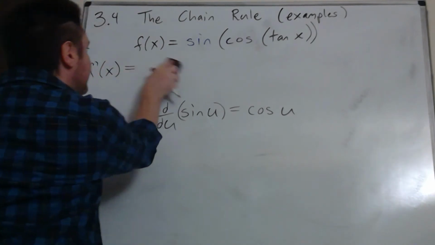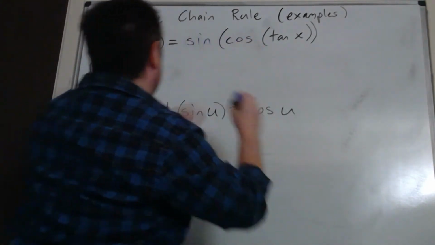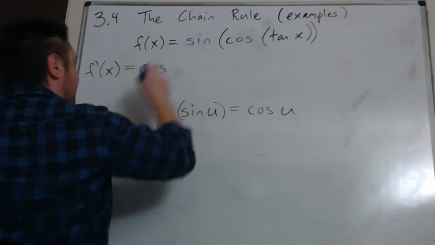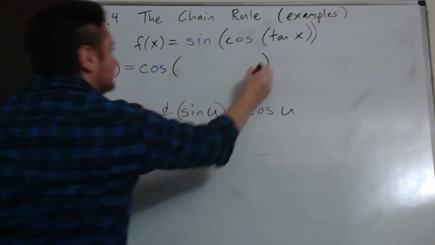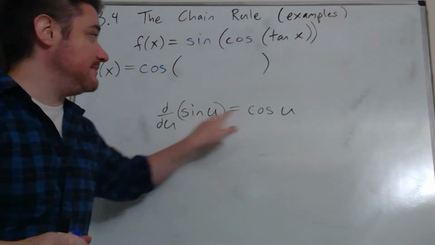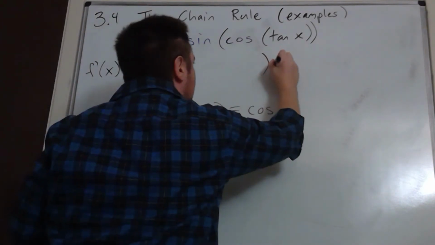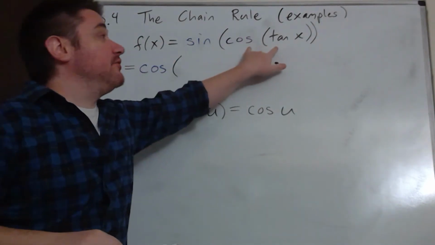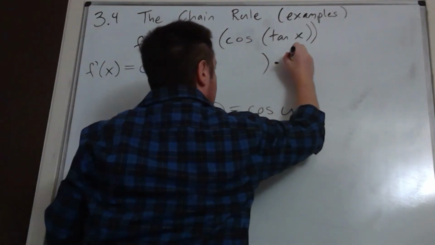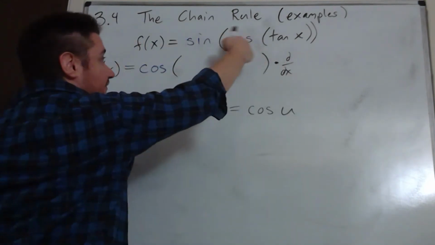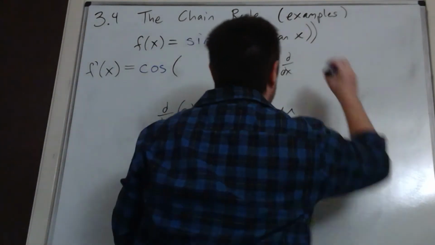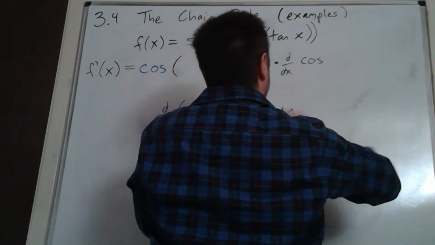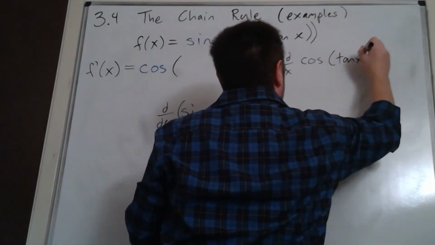Okay, so the derivative of sine of something is cosine of something. Then we've got to multiply that by, though, the derivative of the rest of that piece with respect to x. And so derivative with respect to x of the inside piece, which is cosine of tan of x.